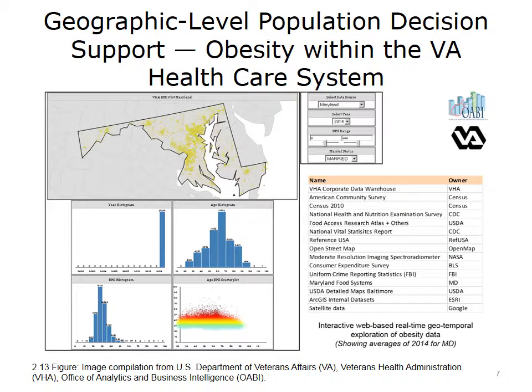In addition to trying to learn about this and help the VA plan nationally for intervention, CFIT hopes to move toward a population decision support program. In this case, it would be for the healthcare system serving the veterans in Maryland, where Johns Hopkins is located.